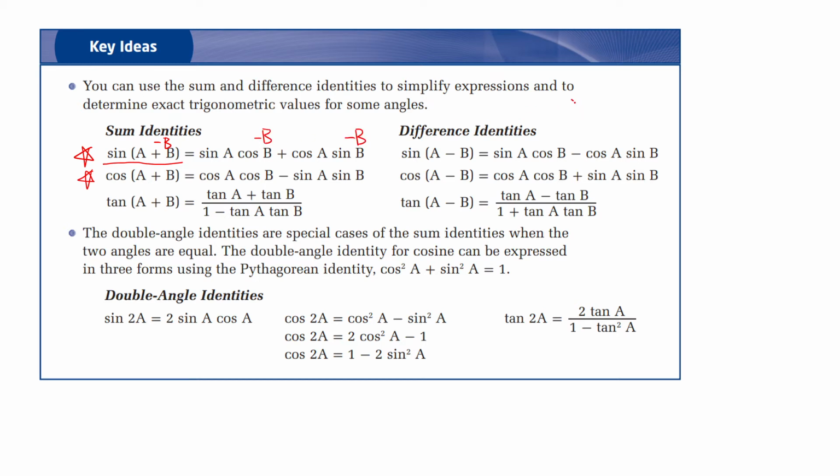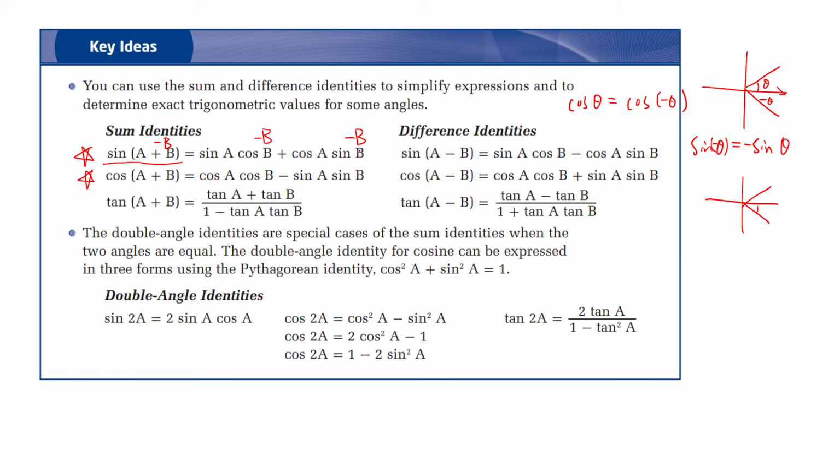As we might know, cosine theta is equal to cosine negative theta, right? So here it stays sine A cosine B. But sine negative theta is equal to negative sine theta.